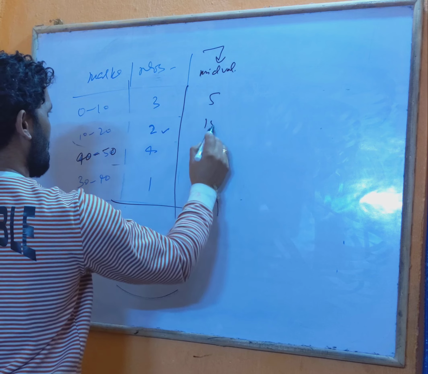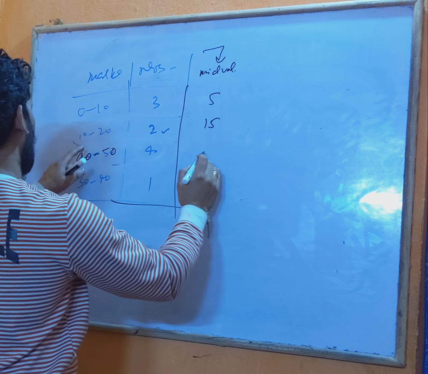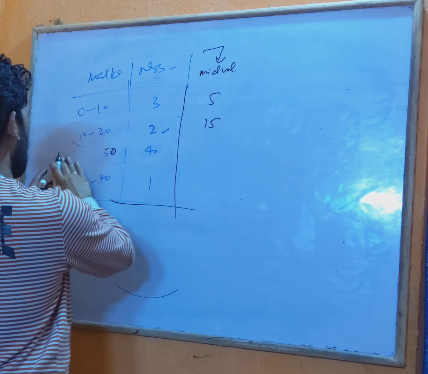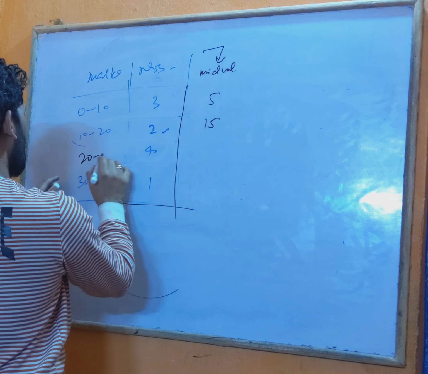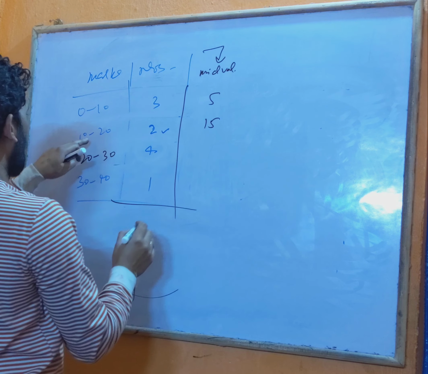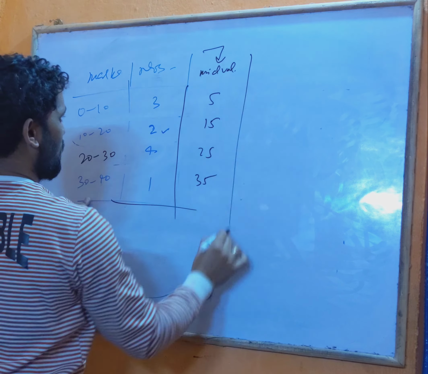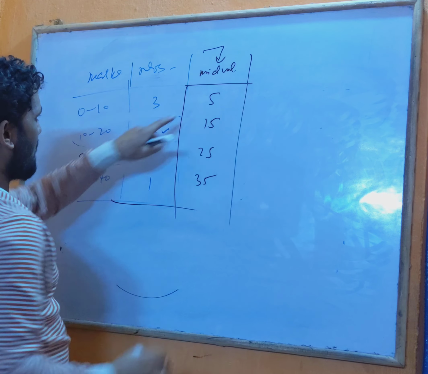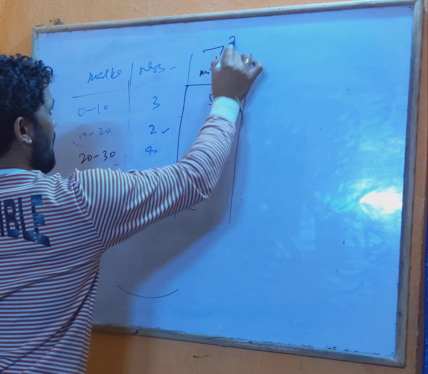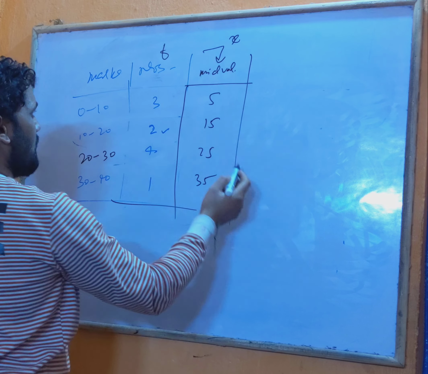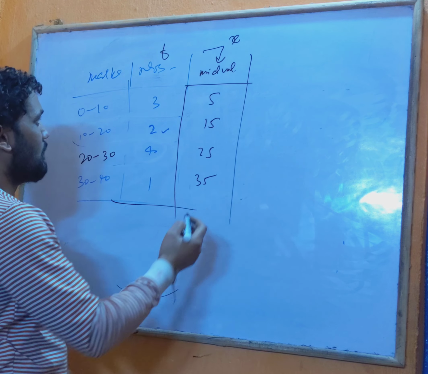So 5, 15, 25, 35 are used as x, and the frequency is f. Then you have a simple formula.